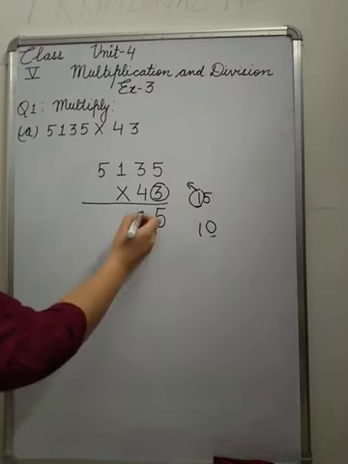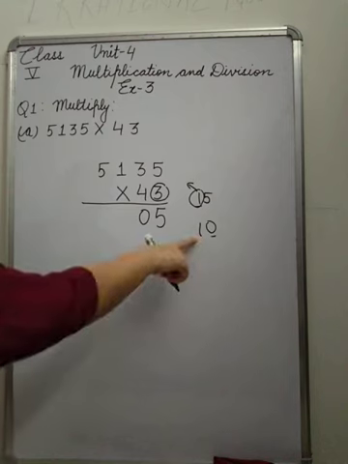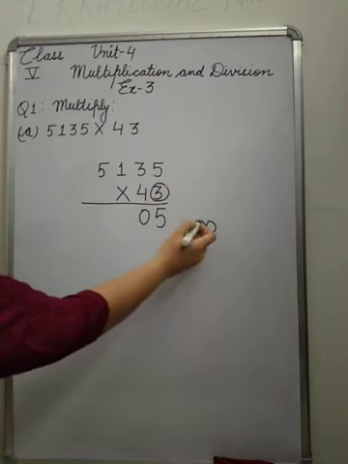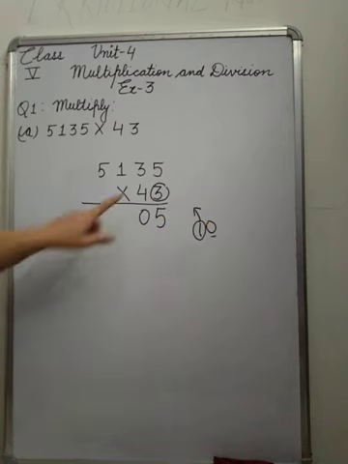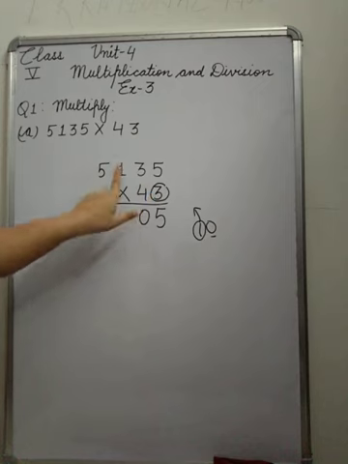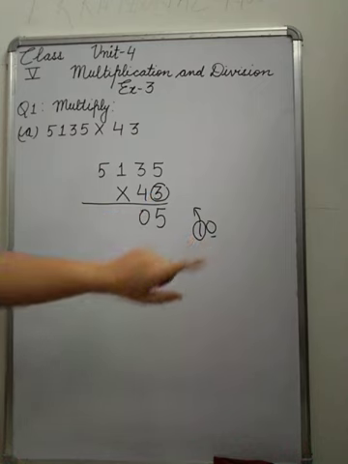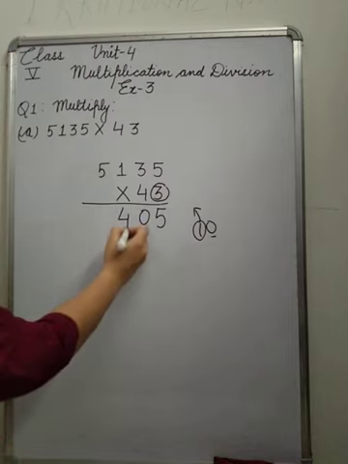So that 0 will come here and that 1 is remaining. Now 3 1s are 3, plus 1, that will be 4, comes here.